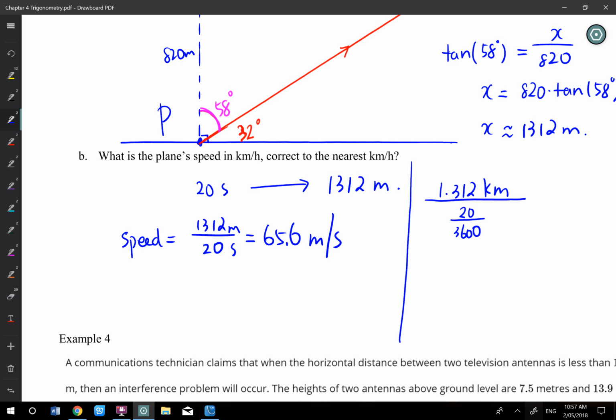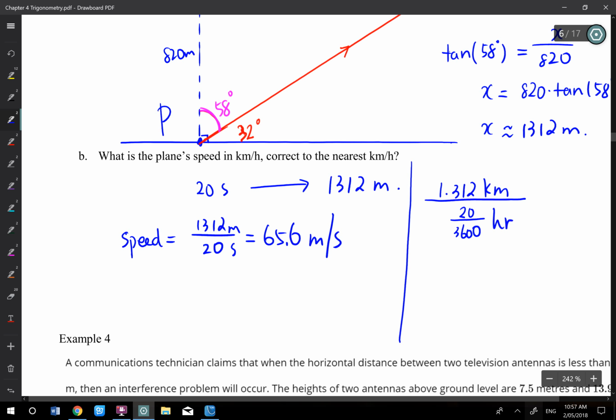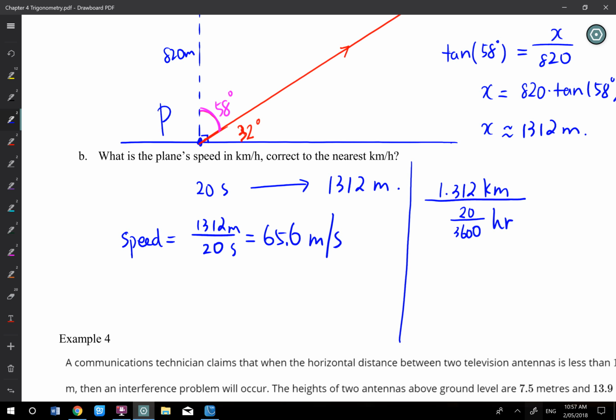Now 20 seconds divided by 3,600 will give you a unit of hour, right? Each second is 1/3,600 hour. 2 seconds is 2/3,600. So 20 seconds is 20/3,600. So that can convert 20 seconds into how many hours?